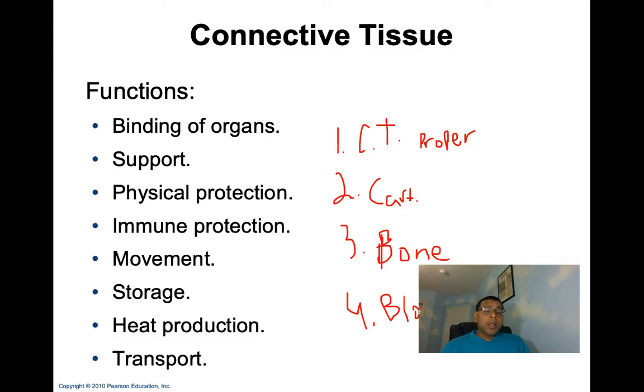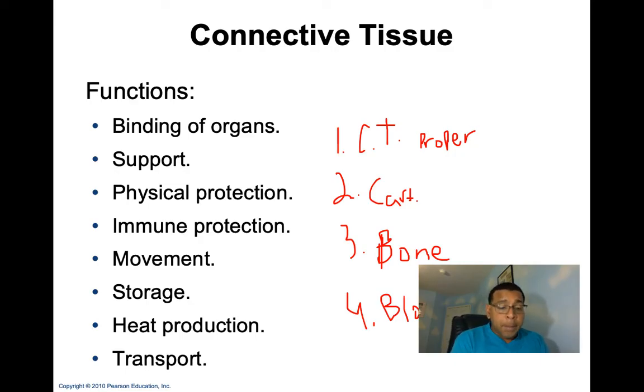Now, the third common characteristic of connective tissues is that they have an extracellular matrix. An extracellular matrix is a collection of extracellular molecules that are secreted by the cells. This extracellular matrix is basically the non-living main component of connective tissue.